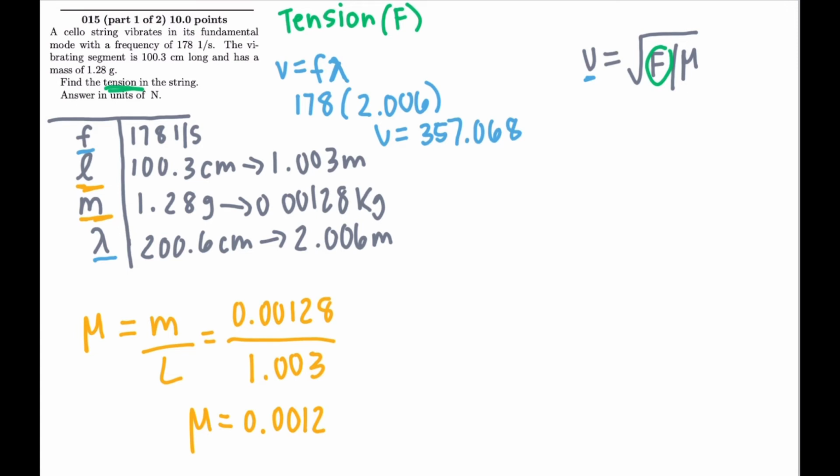Okay, now we have our linear density and we also have our velocity. So now we can solve for the tension force, okay? We're going to plug it all into this equation that we're going to be using to solve for.